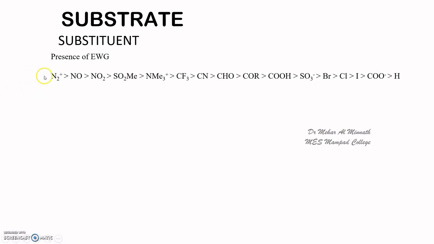You can see here the reactivity of the aromatic ring increases when you put an azo group, NO group or NO2 group, and the reactivity goes down as the electron withdrawing tendency of the substituent decreases. When you increase the number of electron withdrawing groups, the reactivity increases.